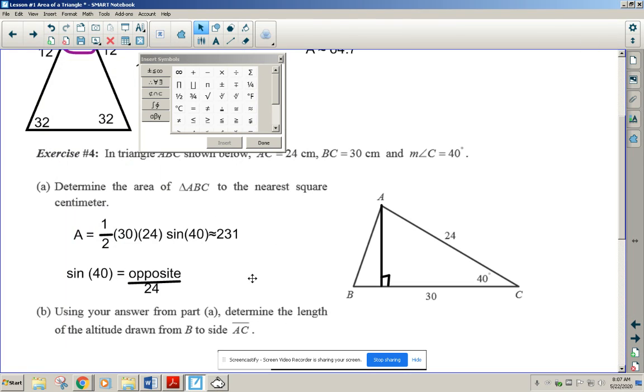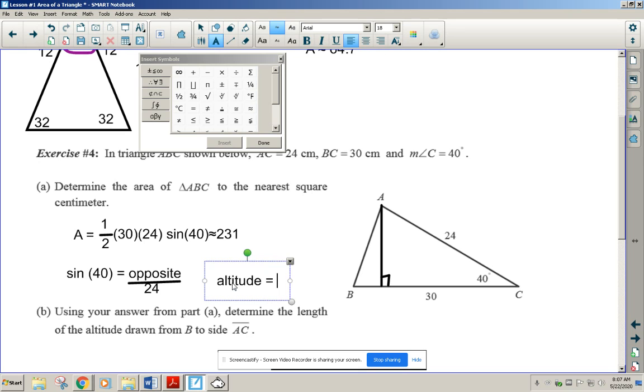So let's give them what they want. There we go. And that was here.